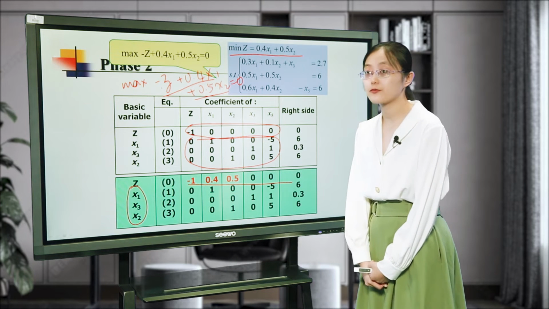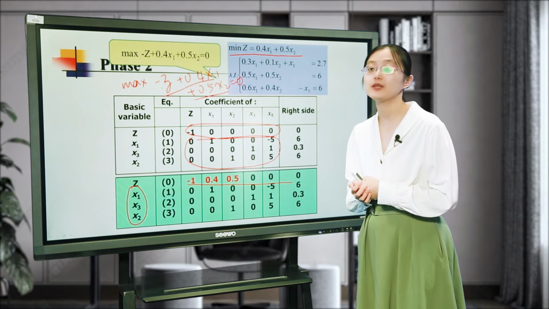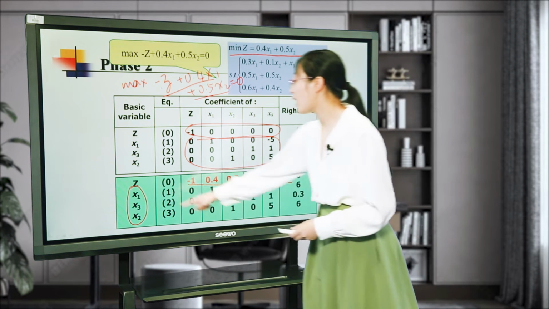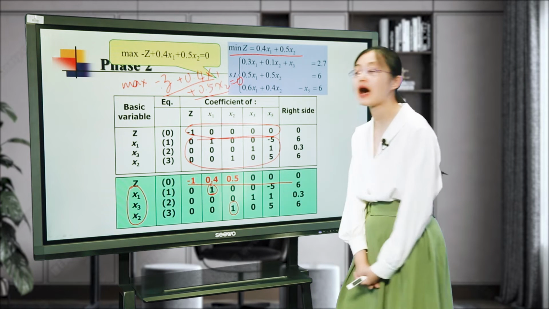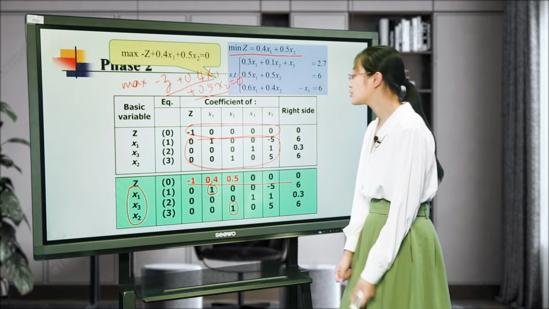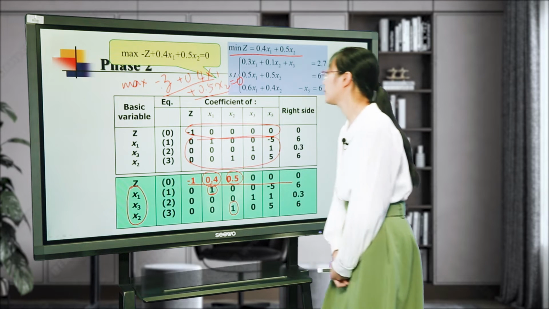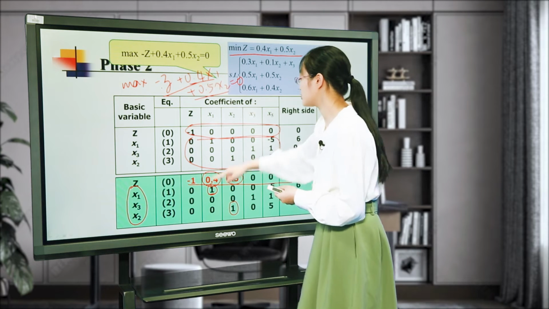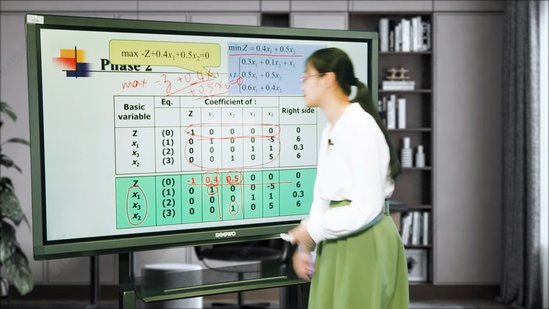In the standard form, their corresponding columns have to be unit, meaning that we only have one in that column and all other values should be 0. So even though these are positive, it's not in the proper form because we introduced these two coefficients and then these two columns are not unit columns anymore.